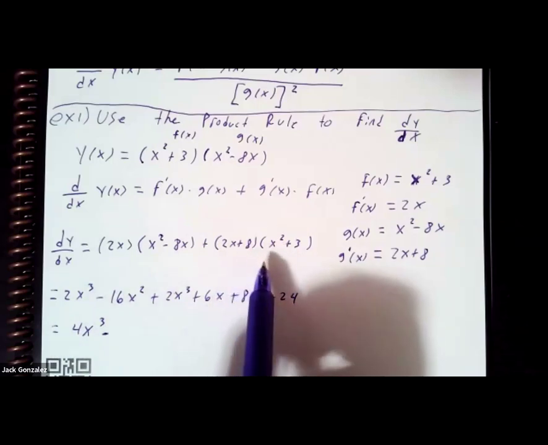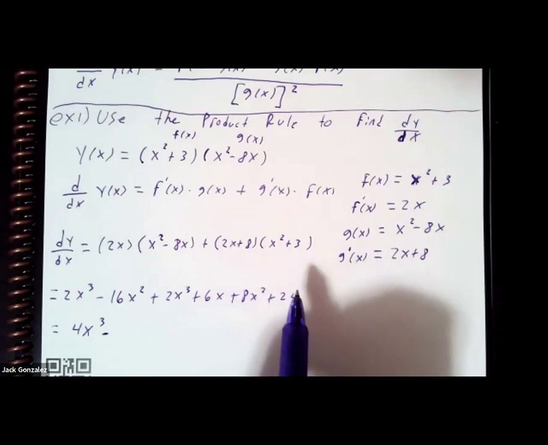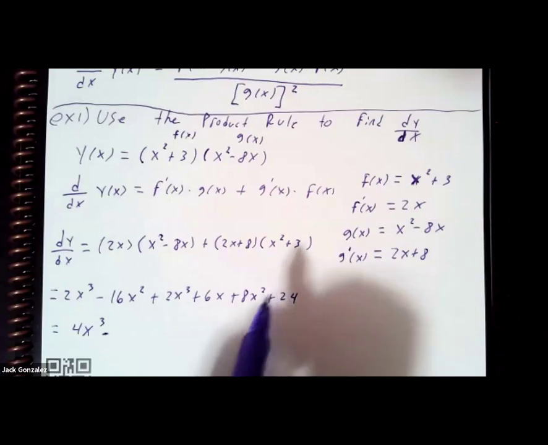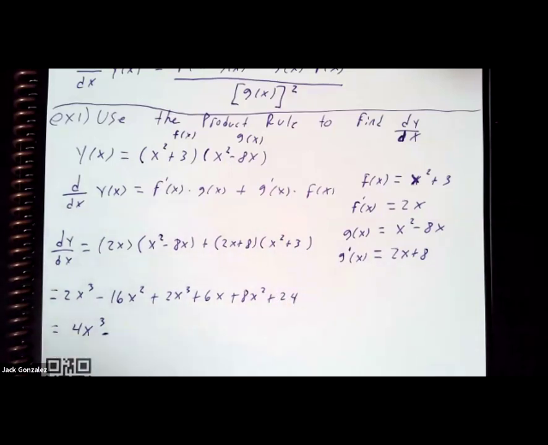Let's see. I'm just looking at the answer. I don't see how they got negative 24, so I must have done something weird. f prime g times g prime f.